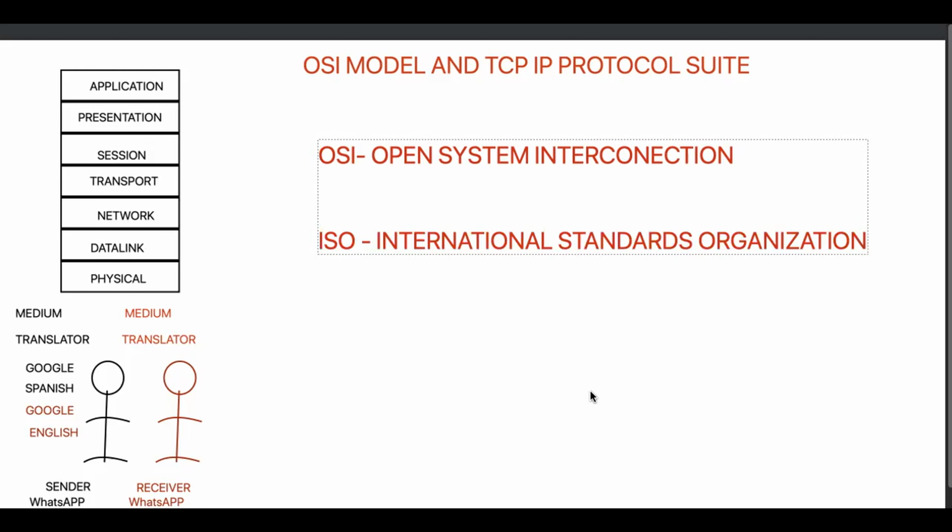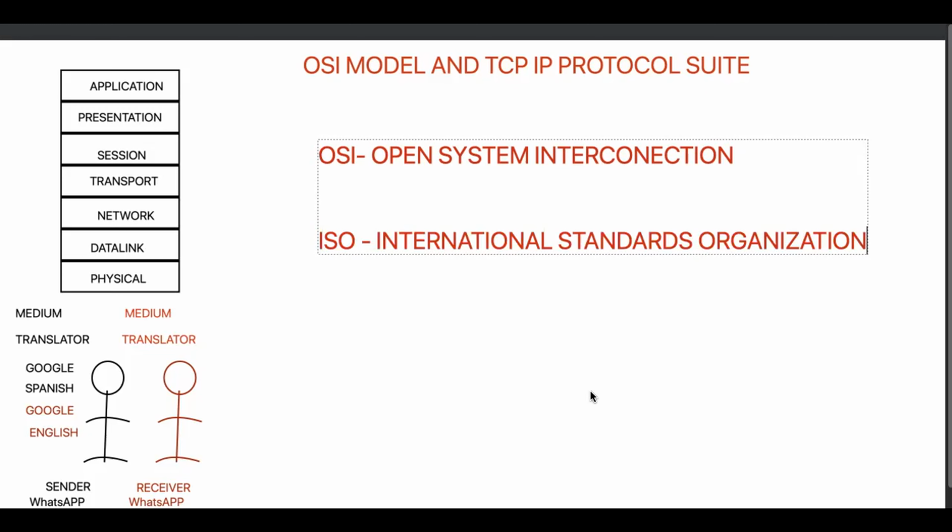I'll define the OSI model as a set of protocols that shows communication between two different systems, regardless of their differences in architecture. So you do not need to change the logic of the hardware or software of a device before they are able to communicate with each other.